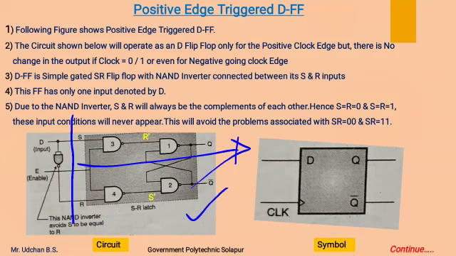The flip-flop has only one input denoted by D. Due to the NAND inverter between S and R terminal, S and R will always be complement of each other.